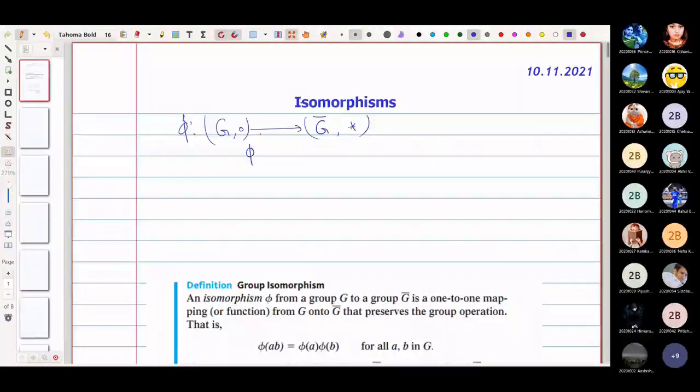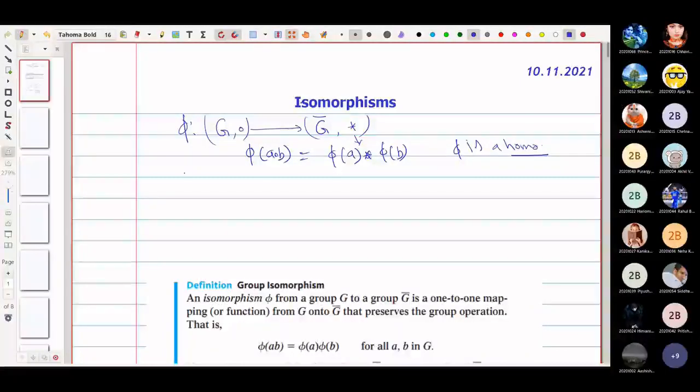In a homomorphism, we take some function phi from G to G bar and require that phi of AB, where the operation is the operation of G, equals phi of A star phi of B. If this structure is preserved, then we say that phi is a homomorphism.